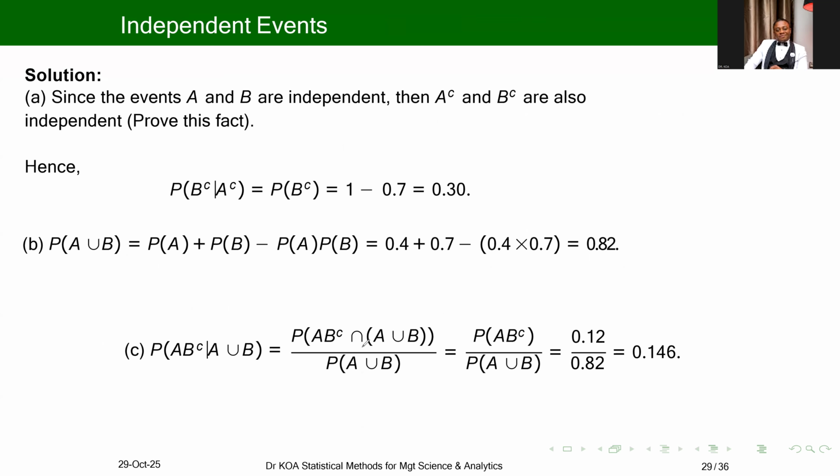If we are doing the intersection with A union B, there is more information in A B complement than you can get in A union B.